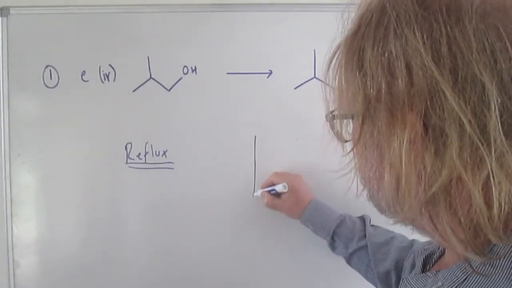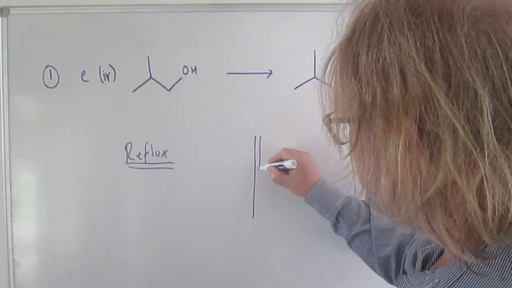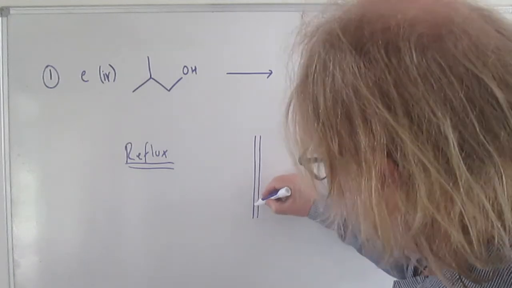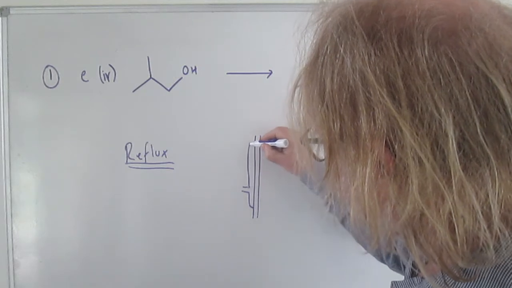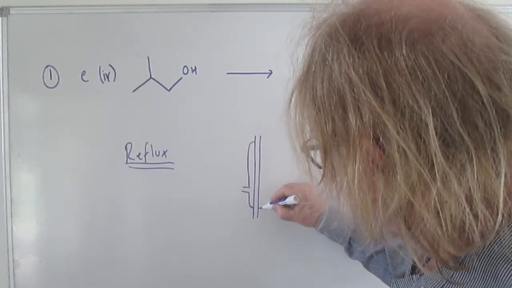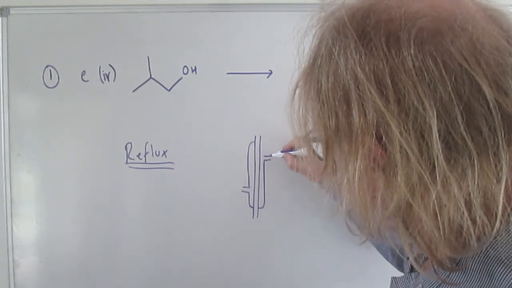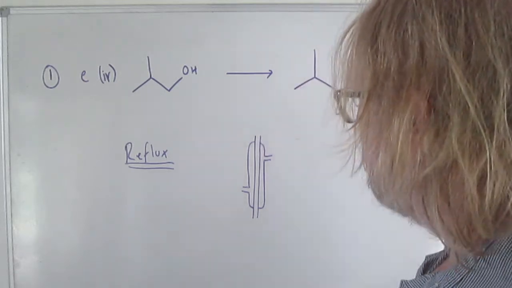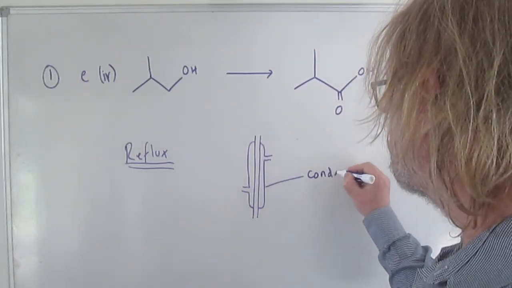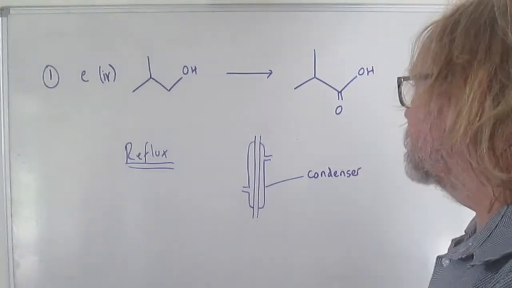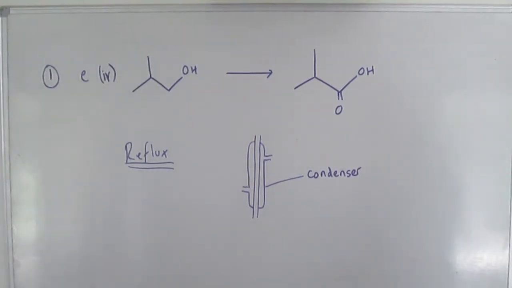So in reflux, the key component you have is something which you draw like this. And you have to label it, and it's called a condenser. So when you draw these diagrams, the thing to do is to imagine you're drawing a slice through the middle of the apparatus.